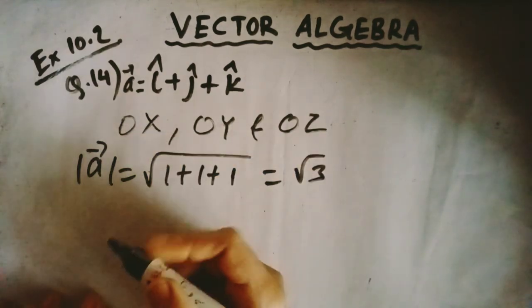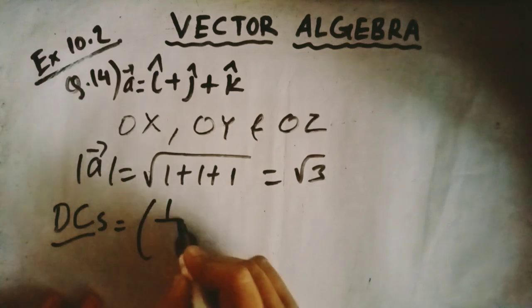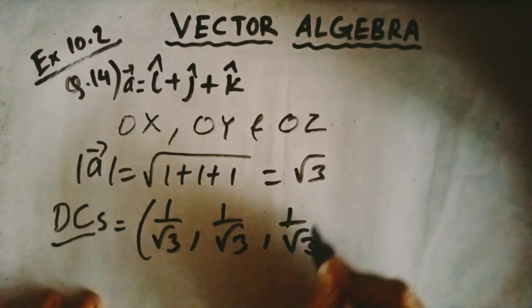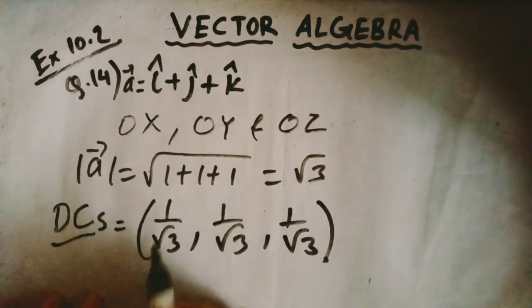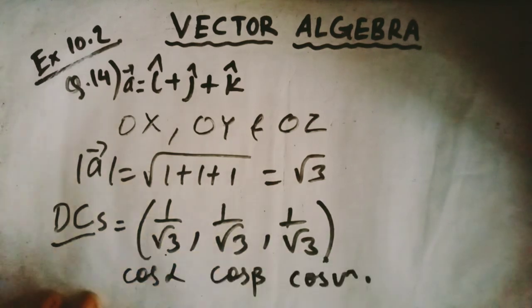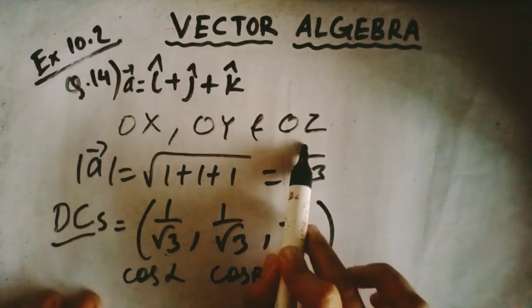Its direction cosines will be 1 upon root 3, 1 upon root 3 and 1 upon root 3, which are cos alpha, cos beta and cos gamma. All three are equal, so the vector is equally inclined to the OX, OY and OZ axes.